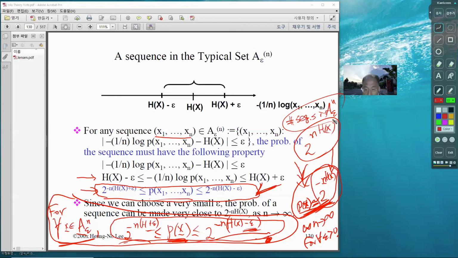The number of sequences in the typical set, that is the size of the typical set, is equal to 2 to the power of nH. And each sequence in the typical set, because they are equally probable, should have probability equal to the inverse of the size of the typical set. So in the ballpark, that is what we are getting at in the asymptotic equipartition property.